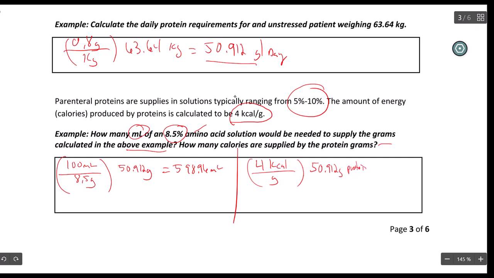So I'm going to multiply that out, and if I do that, I get about 203.648, and that is kilocalories per day. That's how many calories just the amino acid solution would give them per day. All right.